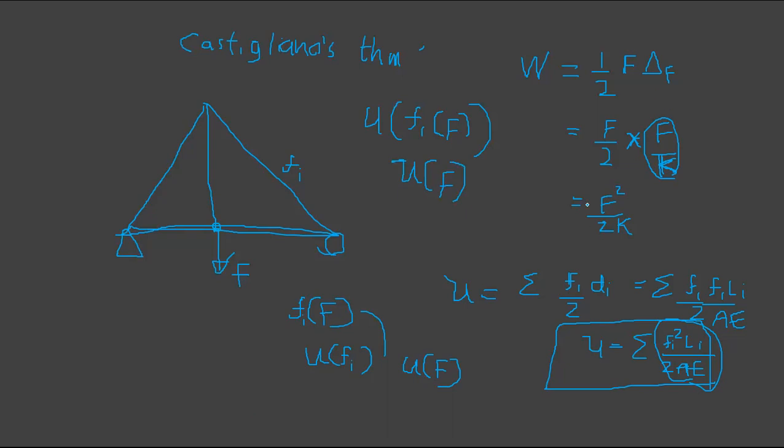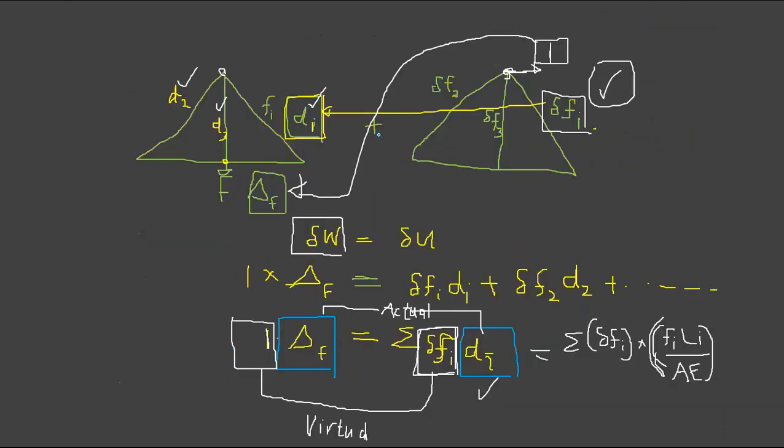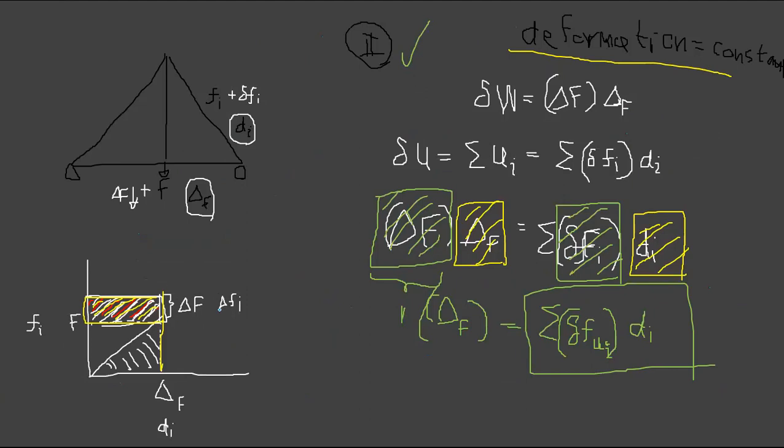And clearly W is also a function of F. So this you have to remember: W is a function of F and U is also a function of F. So what happens? Just like the second method, we apply a disturbance, some delta force.